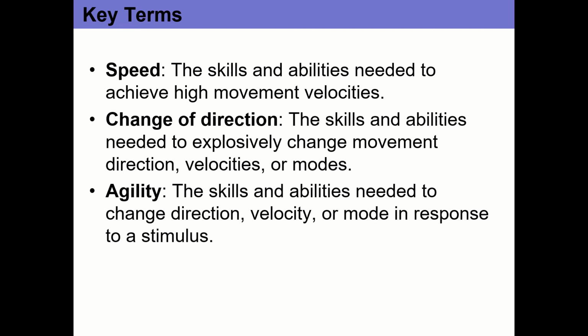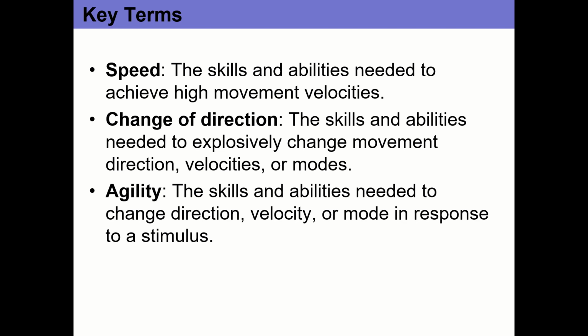So key terms here. So speed. The key thing about speed is to know that it's maximal velocity. So it's as fast as you can possibly move, right? So if you're running, running speed, that's as fast as you can possibly move. So the way that that's assessed is in shorter or short-ish sprints, if you will.